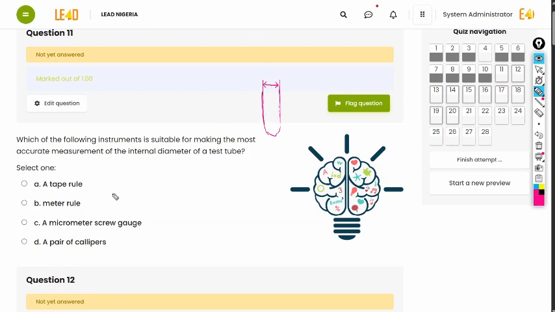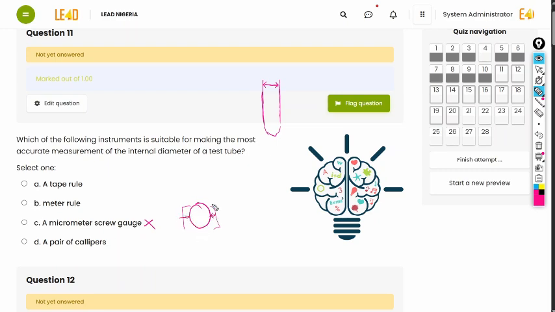If you know what they look like, you would know that a micrometer screw gauge cannot measure inside, right? It's used for measuring external diameters. Say if you had a ball, your micrometer screw gauge has something that presses on both sides from the outside, and then uses that to measure the external diameter.